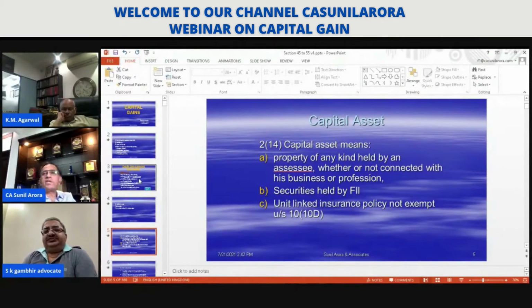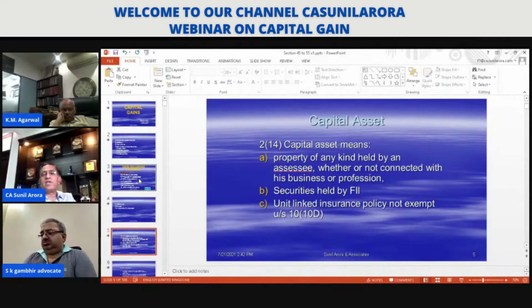If I am holding an asset and I transfer that asset, even then it would become liable to tax. When we look at the definition of transfer, we'll find certain assets which may not be owned by me, but even then if I'm transferring them, the tax liability would arise. So by and large, all properties owned by me are held by me.